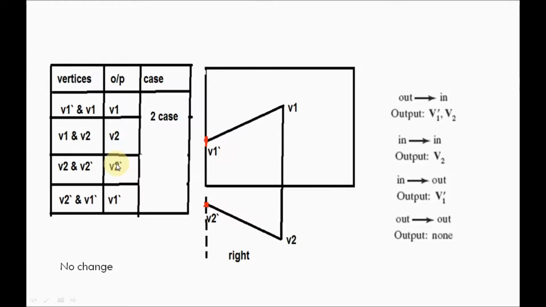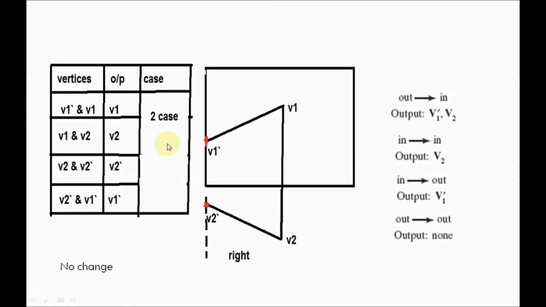Getting, guys? Now what is next? v2 dash and v1 dash. v2 dash is inside, v1 dash is also inside. So inside means what is the output? The second vertex. So the second vertex here is v1 dash. So the output is v1 dash. So this is the right side clipping.